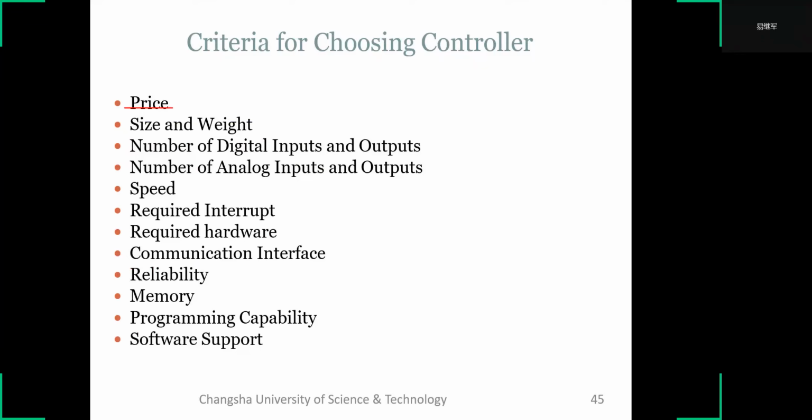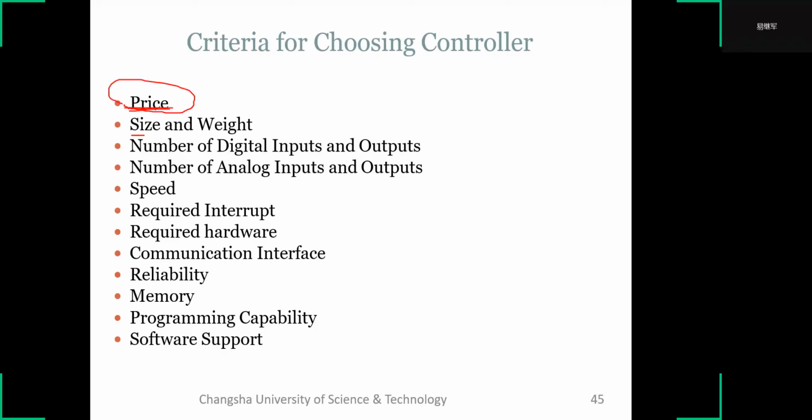We may choose as cheap as possible for the price.